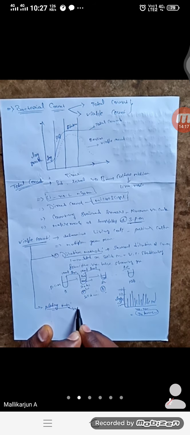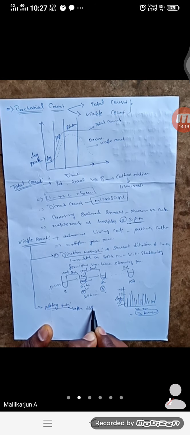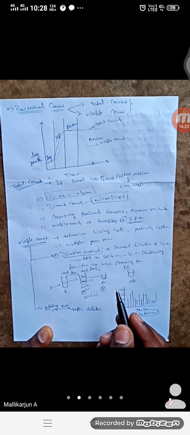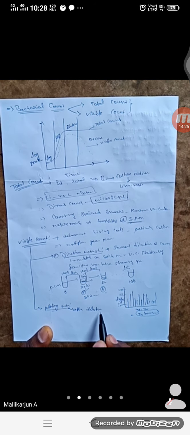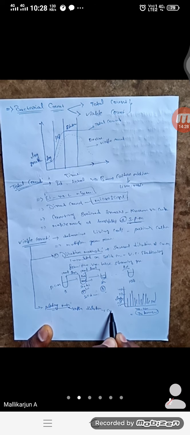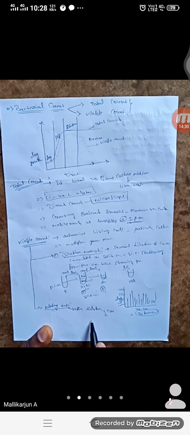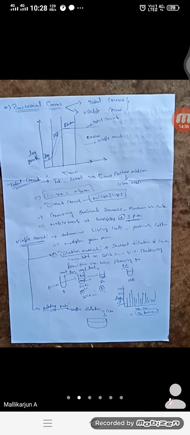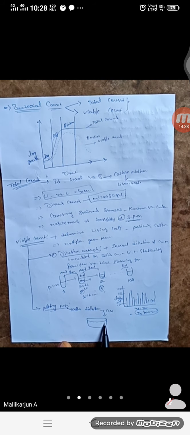After dilution, it is inoculated on the surface of the solid media. After dilution, the culture media is transferred onto the surface of the solid media. Take a bowl filled with a particular solid media like agar, where different nutrients are all present.